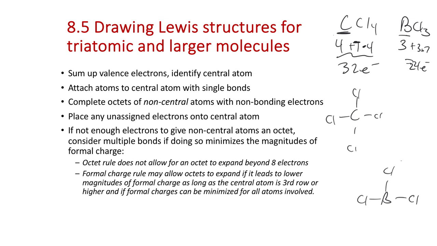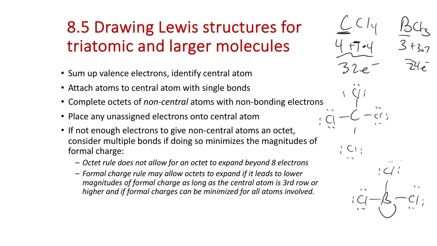What that means is I put lone pairs to fill the octets for everything except the central atom. For carbon, the octet rule was good. For boron, you might think you want to put 2 electrons in here, but don't do anything on the boron. Just leave it be for now.